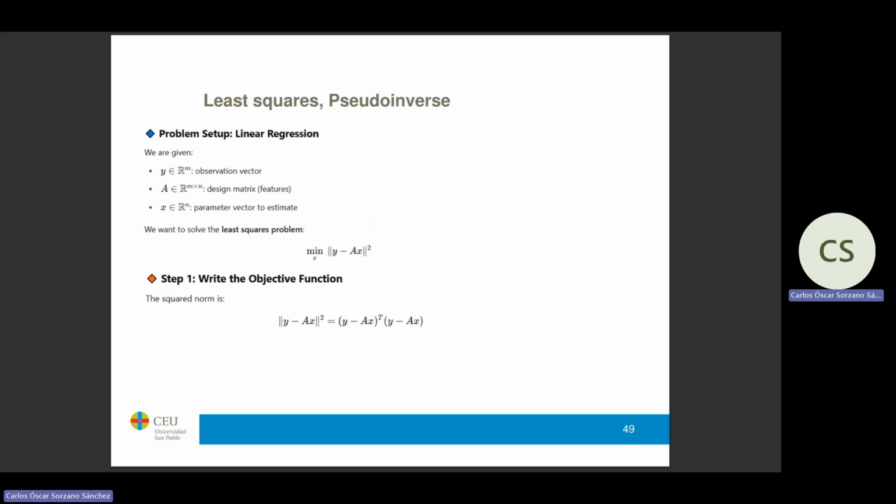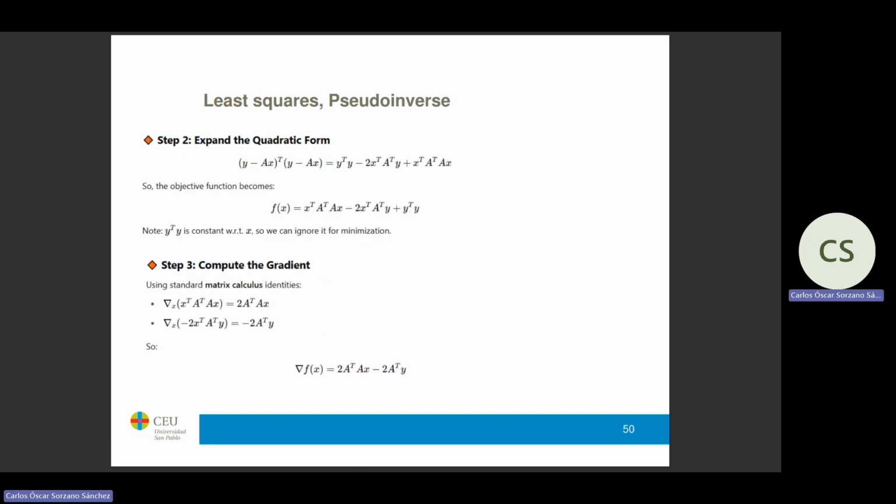That is what I'm using here. So you expand this thing. You have parentheses times other parentheses, so you do first with first, first with second, second with first, second with second. You end up with this. So this is the size of your prediction errors, and this is what we want to minimize.